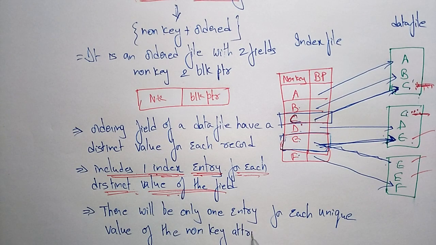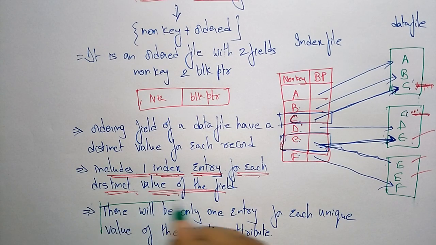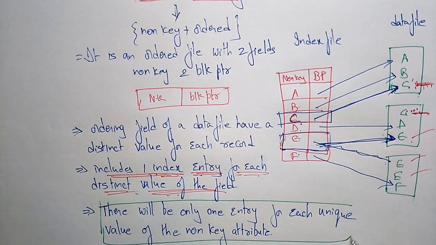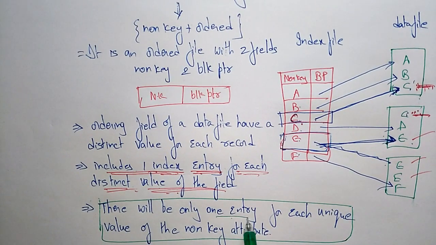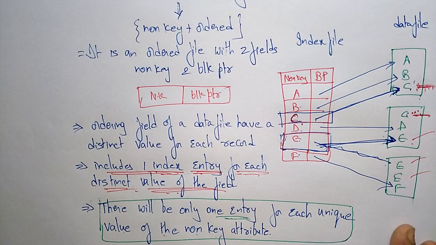So this is the important note in the clustered index. There will be only one entry for each unique value of the non-key attribute. So this is the cluster indexing.